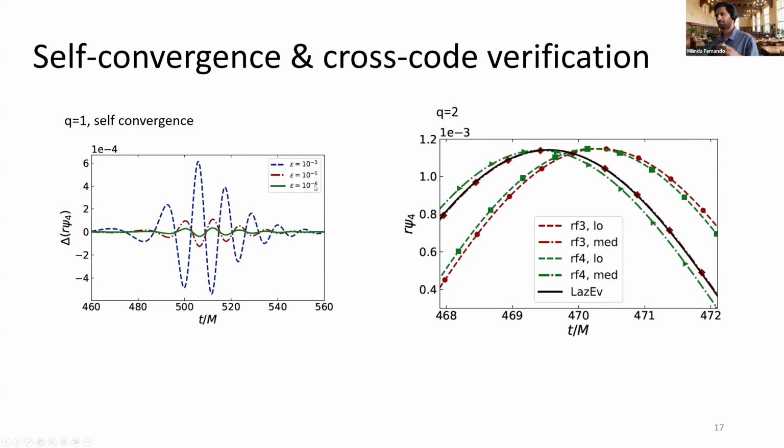You can see when we decrease the tolerance, we enforce more refinement, and the errors in the extracted waveform reduce. We have also done some cross-code verification with the LASIF code with the low and medium resolution runs, and you can see that with an increase in refinement, we converge to the solution computed by the LASIF code.